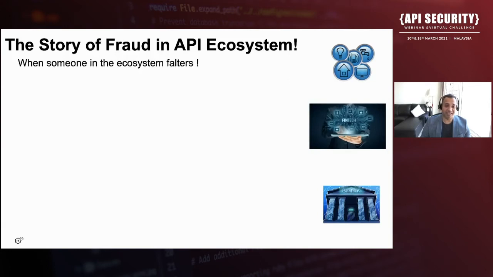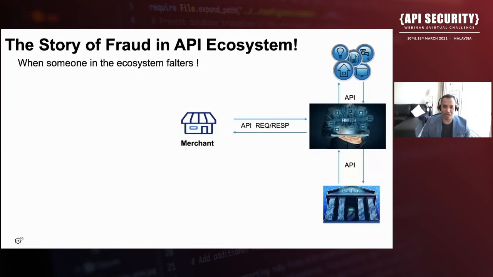This is a company in the ASEAN region itself. So this is how the story went. The fintech connected with the banks over API, and the fintech connected with the utility providers over the API, right? And now the fintech said, I have this wonderful API. Let's have some merchants access us and do the transaction.